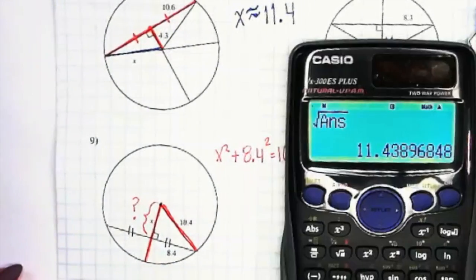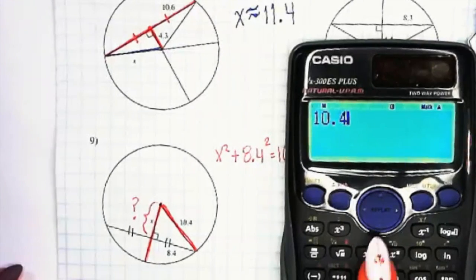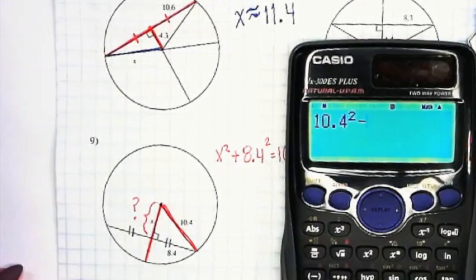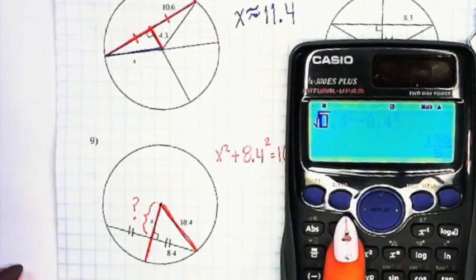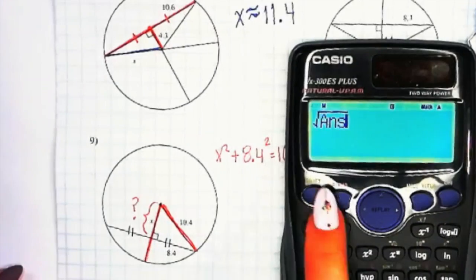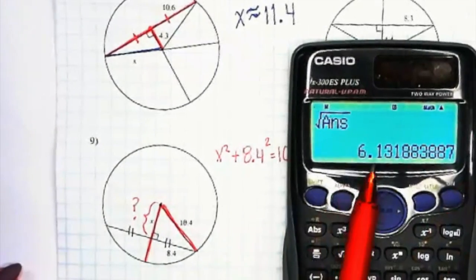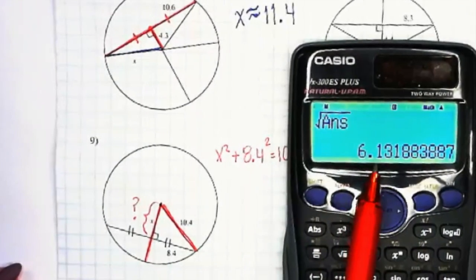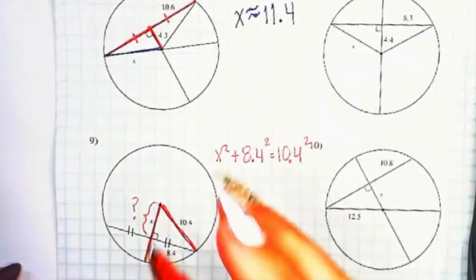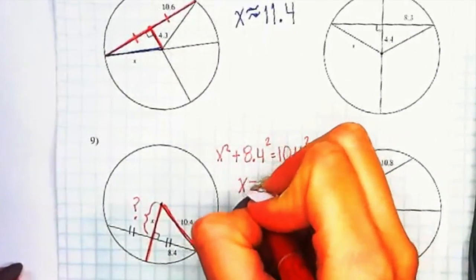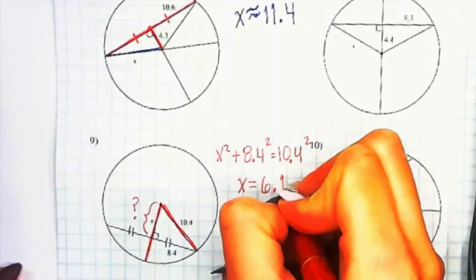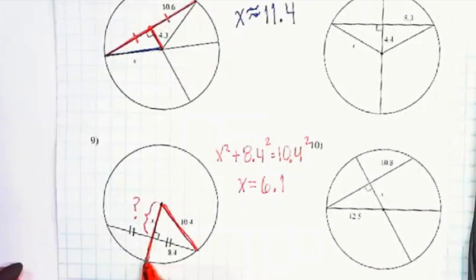That means I'll have 10.4 squared minus 8.4 squared, and then I'll take the square root of the answer, shift, enter. We're still rounding to just the tenths place, so I'll have 6.1. X equals 6.1. If for some reason I needed to find the length of this piece right here, I would do 10.4 minus 6.1 to get that piece out here, since that's also the radius.